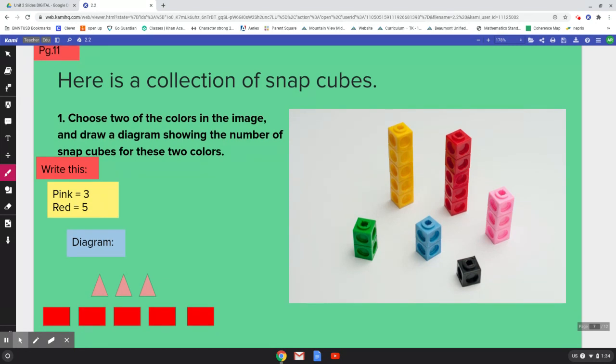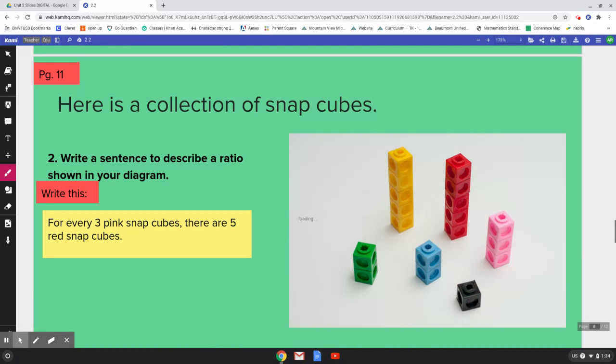I drew 3 triangles, and those 3 triangles represent those 3 snap cubes in the picture. And then the red, I used rectangles, and I made those to represent the red snap cubes that are in the picture. So you will write pink is 3, red is 5, and you will draw the diagram that I drew.